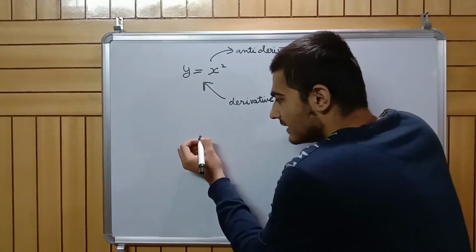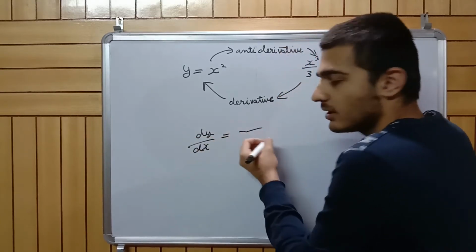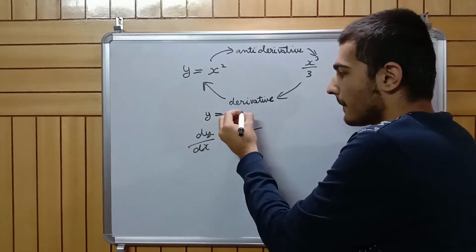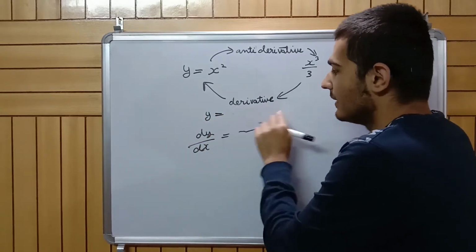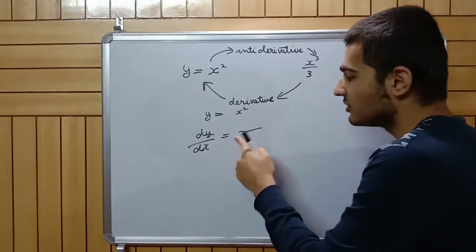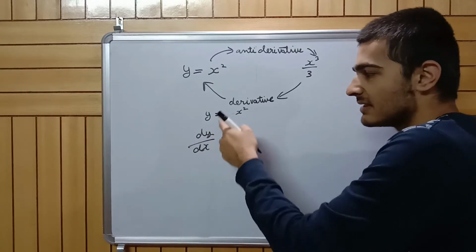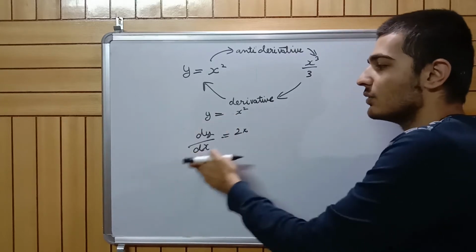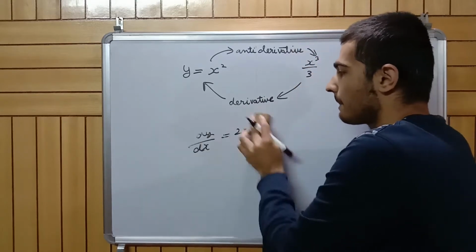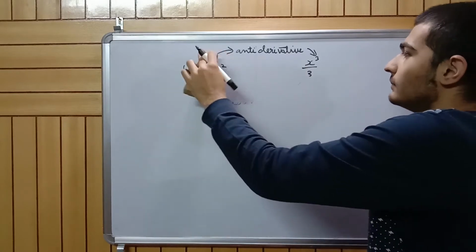When I was differentiating, we write dy by dx equals whatever it is. This is the notation that I use. Let's say y equals x square is our function. If I differentiate, I get 2x. So this is the derivative function, this is the original function, and this is the notation. What is the notation when I'm going from here to here?